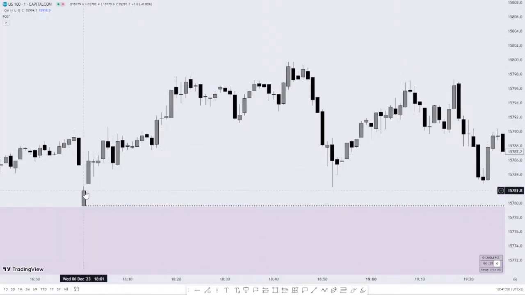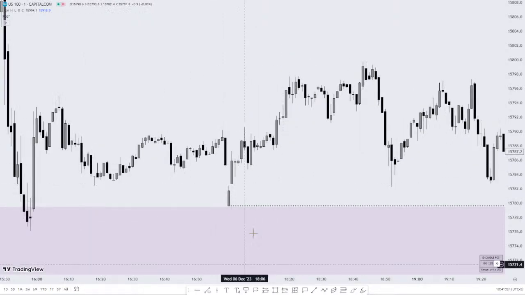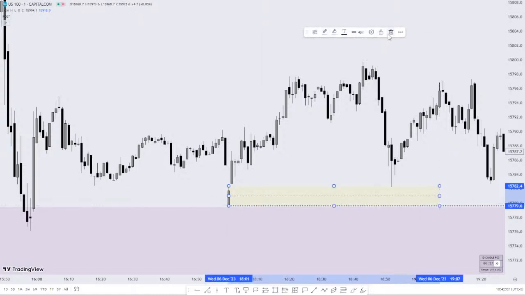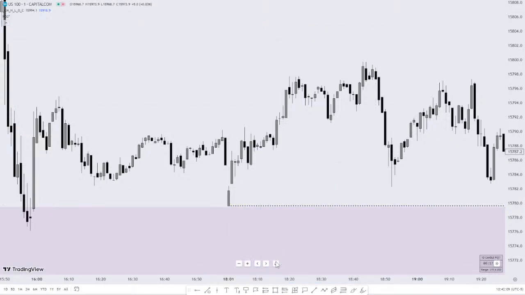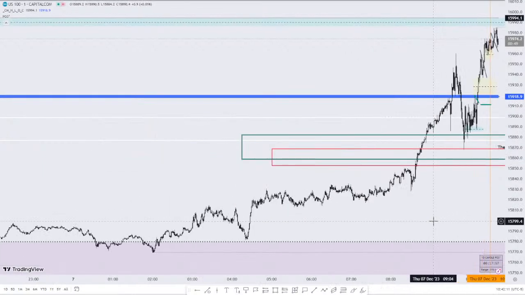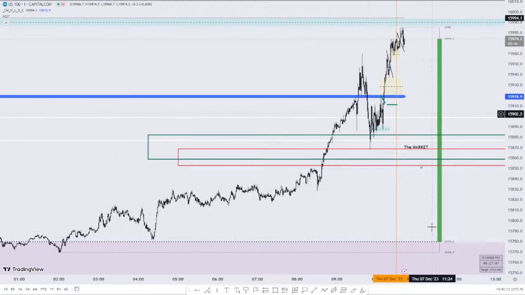When it becomes relevant, you can draw something here like this and drag it across, and you are aiming for that point. Now it's not relevant, but it's in my sight. So this is the daily candle.